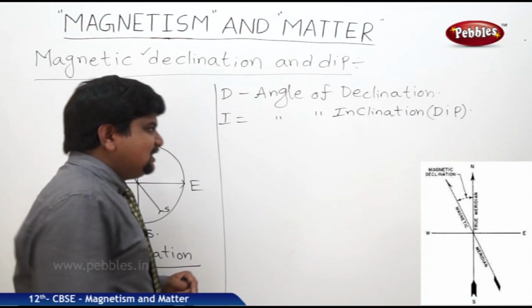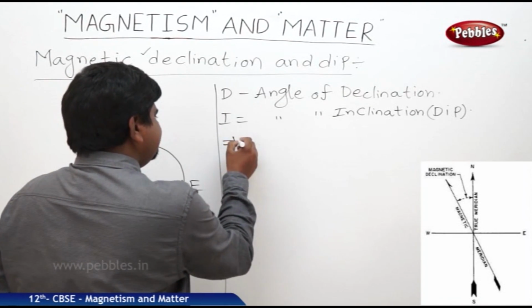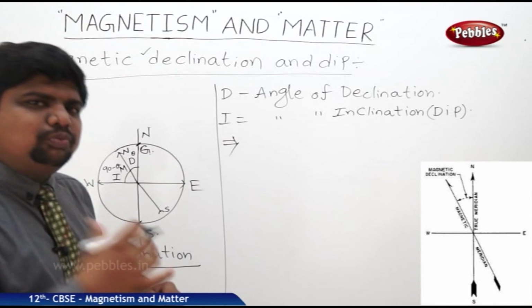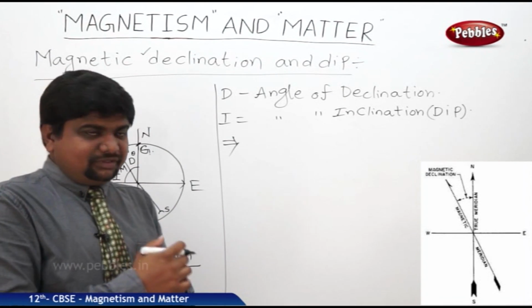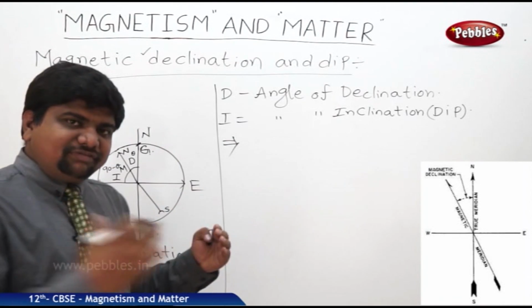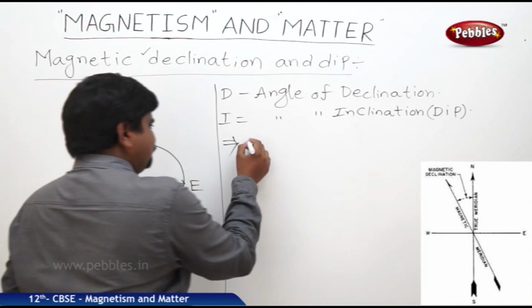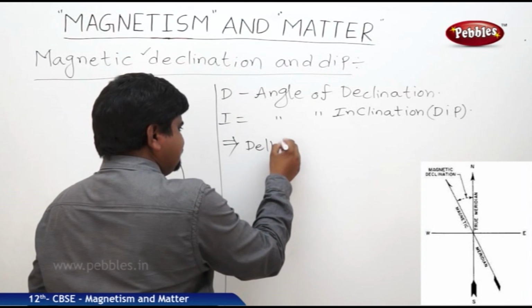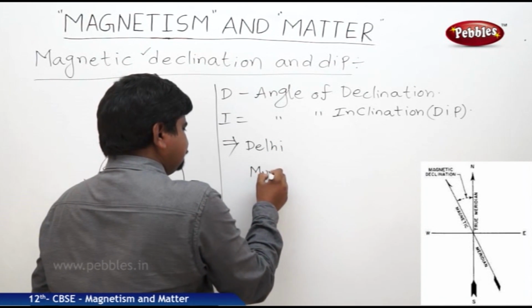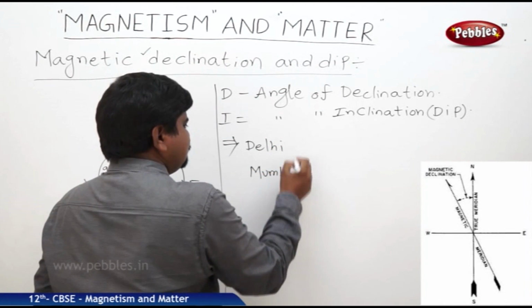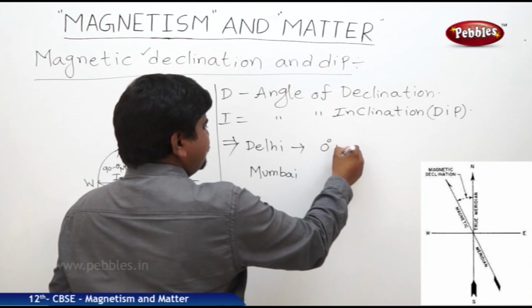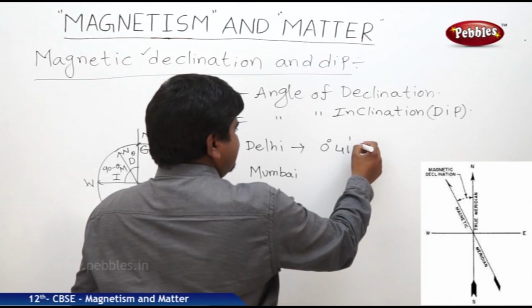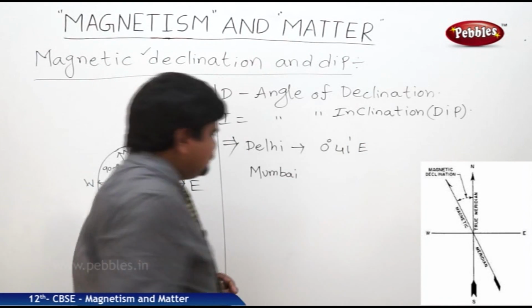In this case, what about India? How to seek the exact north direction for India? For that purpose, if you go to two different places in India, one place is Delhi, this is the reference point, and one place is Mumbai. In Delhi, the angle of declination is 0 degrees 41 minutes at east.